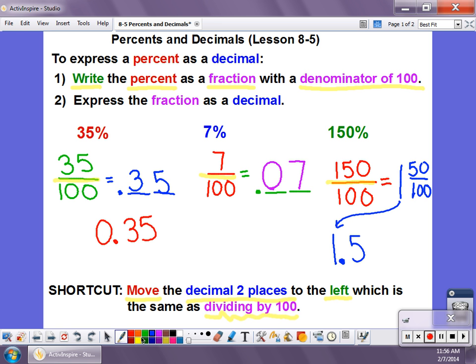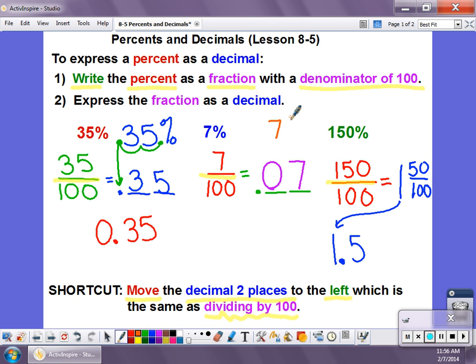So we take this percent, 35%. 35 is a whole number. Any whole number has a decimal point at the end of it. In order to change this to a decimal, if I use my shortcut, I'm going to take this decimal and move it 2 places to the left, which would put it here, which, if you look, is what we ended up with down here.